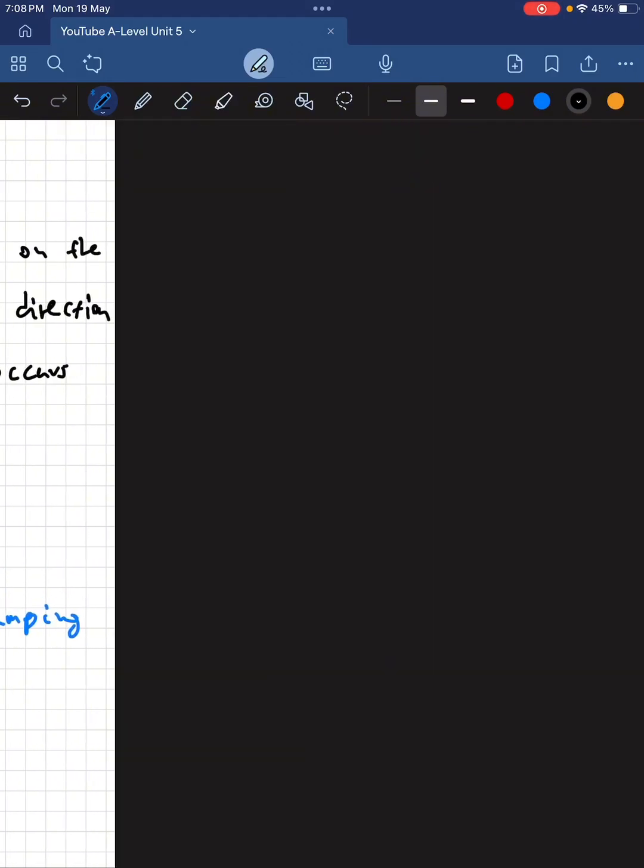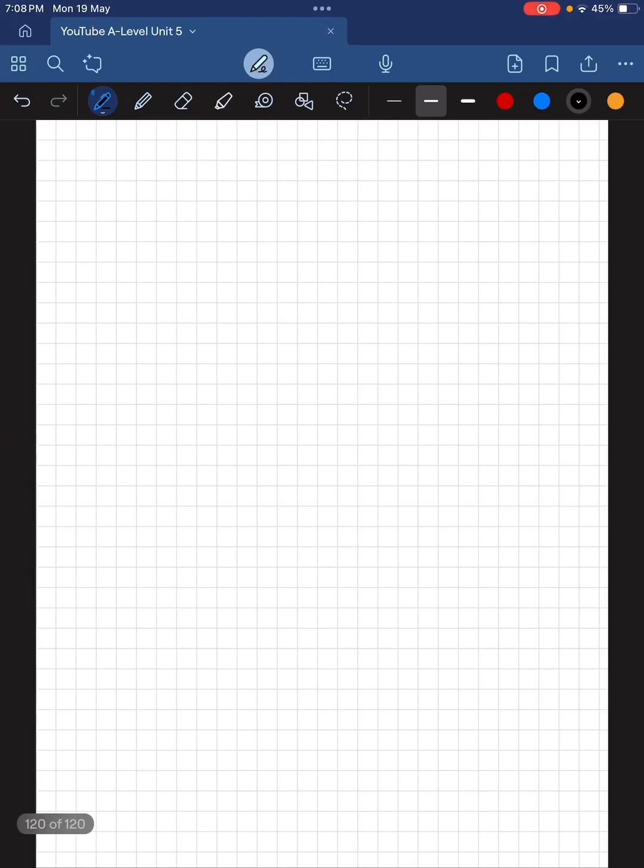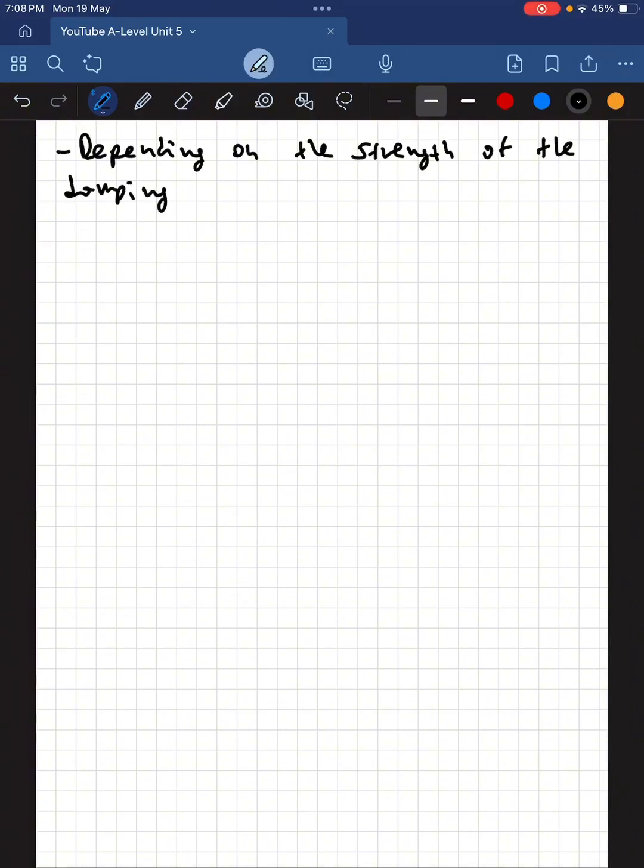So depending, let me use a clean page. So depending on the strength, I'm going to explain, on the strength of the damping, we have 3 types of oscillations.